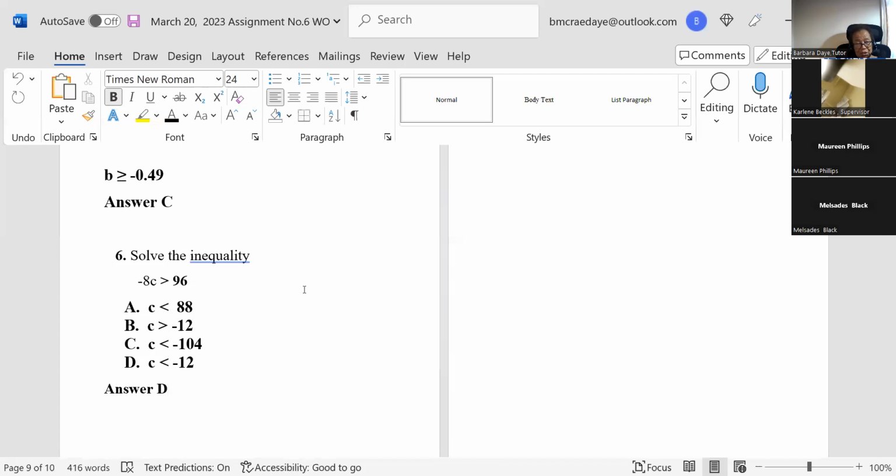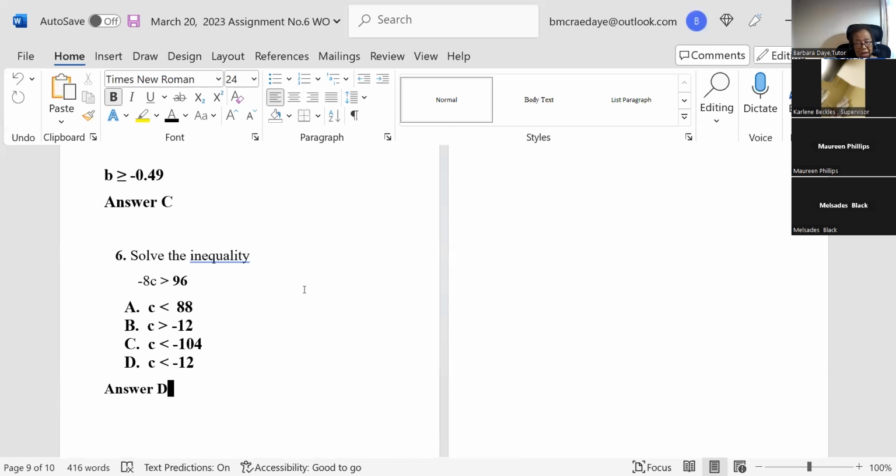So when you see a constant and a variable, that -8 is a coefficient of the variable C. That's side by side multiplication. That means -8 times the variable C. The opposite of multiplication is what? Divide. That's it.